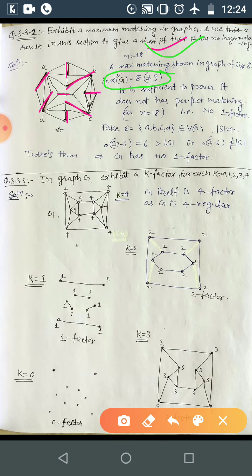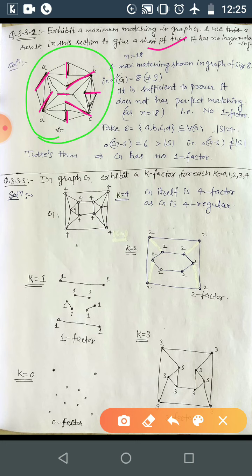And how can we show that this is the maximum matching? It does not have any other matching with 9 edges, correct? That is, with one more edge. You can say alpha dash cannot be equal to 9 for this graph. If it were 9, then it would contain a perfect matching, meaning this graph would have a one-factor, correct? A one-factor is a one-regular spanning subgraph.